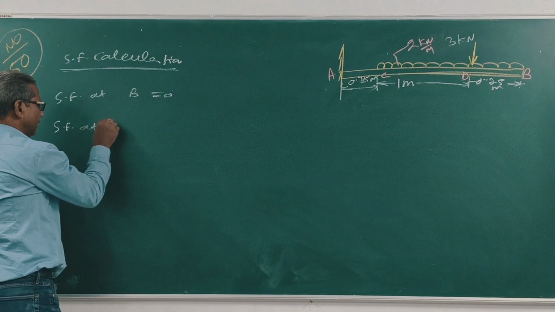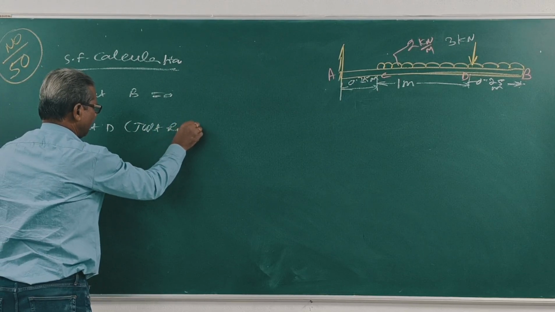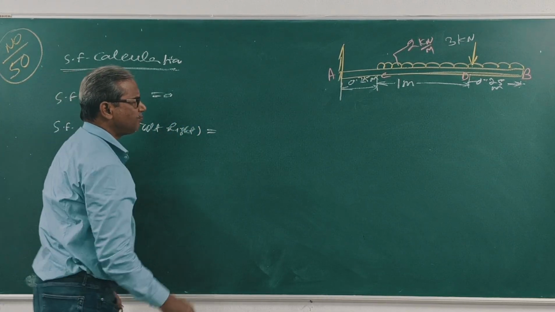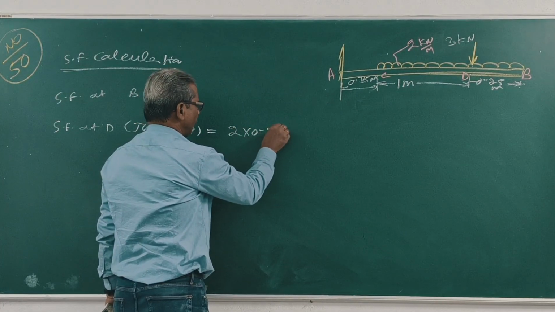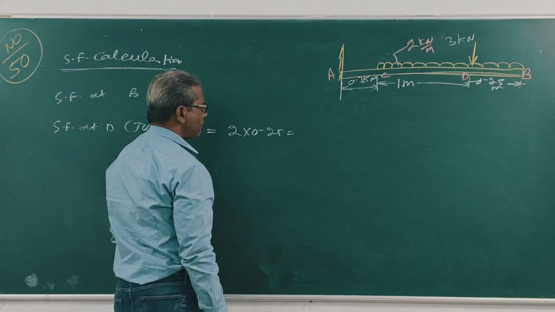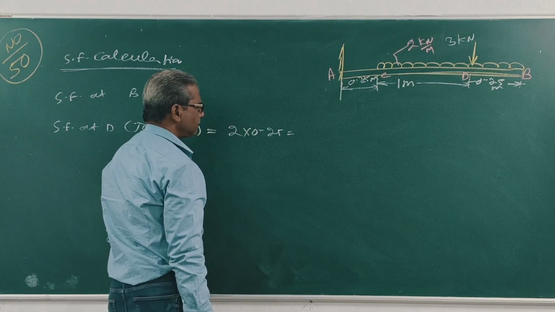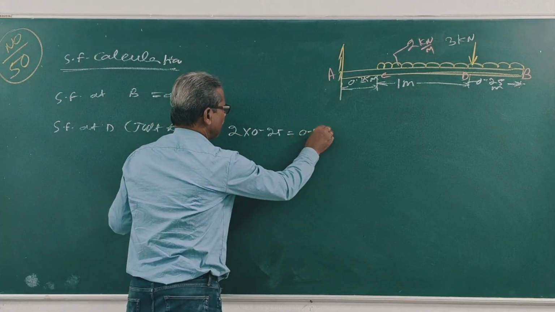Shear force at D, just right: 2 into 0.25. Clear? 0.5 kilonewton.